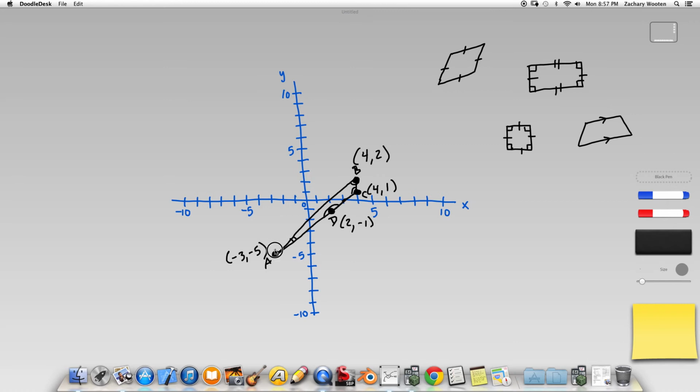So the way we prove this really quick is we look at the slope. We figure out how much are we going up and how much are we going over, and do rise over run. From A to B, we're going from a y value of -5 up to +2. That is a distance of 7. We're 5 below the x-axis here, 2 above, so that's 7 total. And we're going from an x of -3 up to +4. It's 3 on the left, 4 on the right.